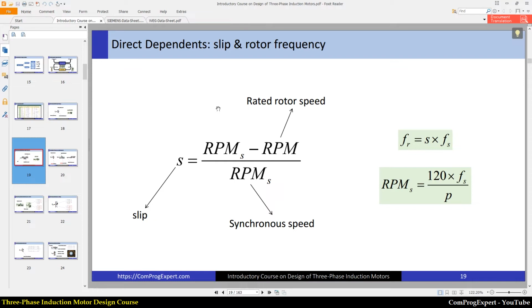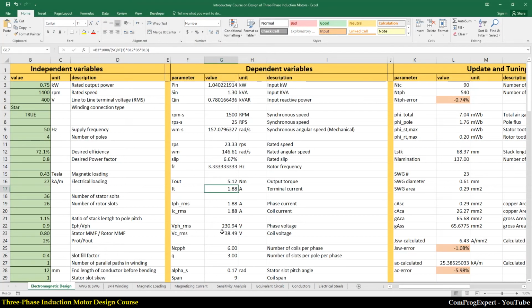As you know, in induction motor, the slip is defined as the difference between the synchronous speed and the rated mechanical speed divided by the synchronous speed, right? RPM S minus RPM divided by RPM S. The value of slip for our design is equal to 6.67%, right?